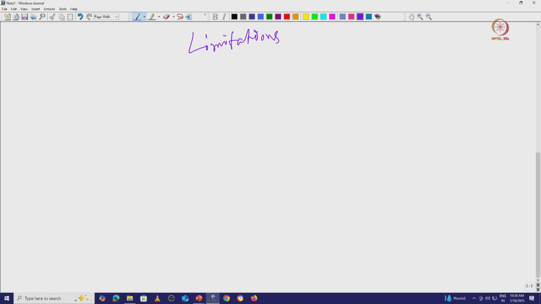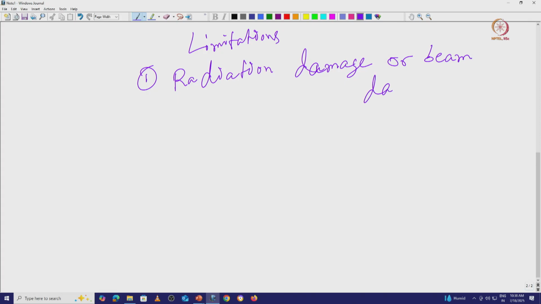Limitation. Okay, what limitations do we have? First one, radiation. We can also call it beam damage.